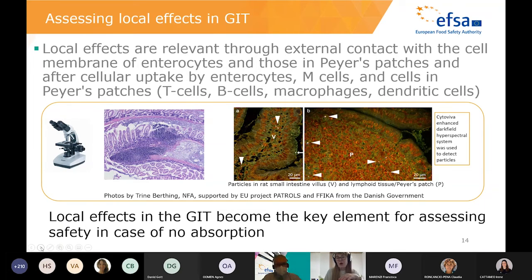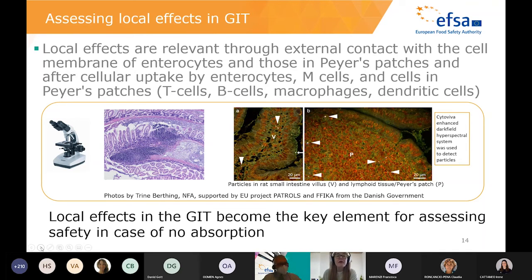So this can cause some changes which lead to chronic inflammation, which, as you know, can be connected in some research to obesity, for example. But there could also be necrotic changes or proliferative changes. So local effects in the gastrointestinal tract are a key element for assessing safety in case of no absorption.